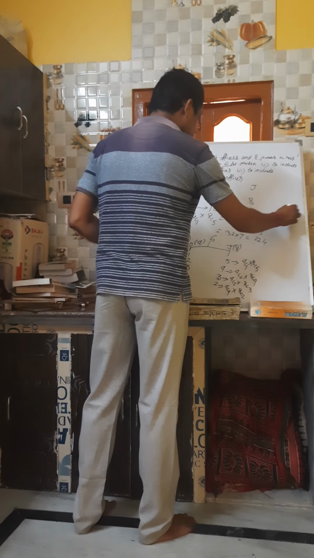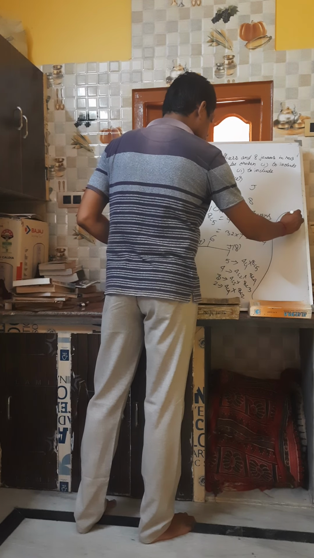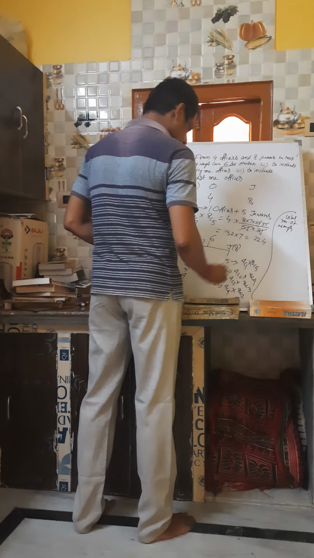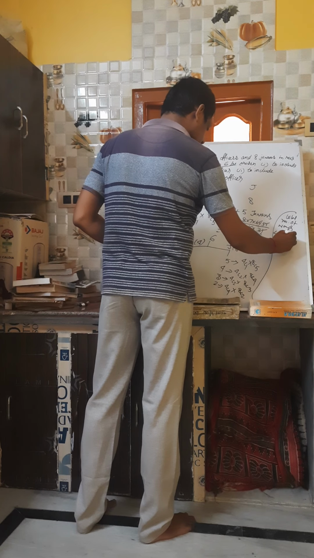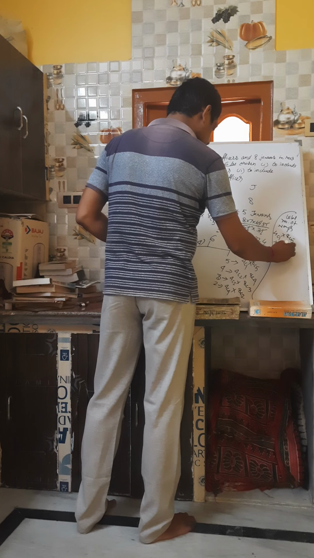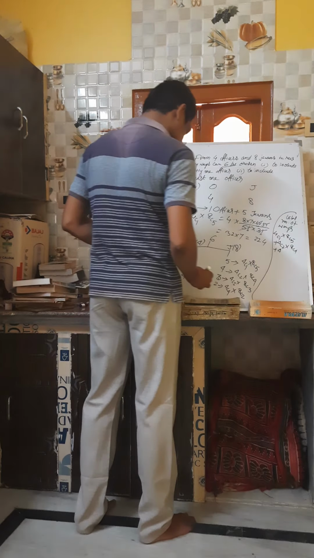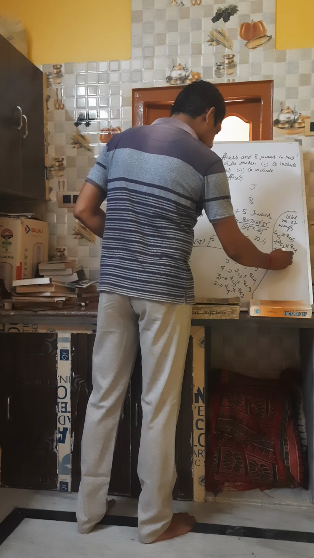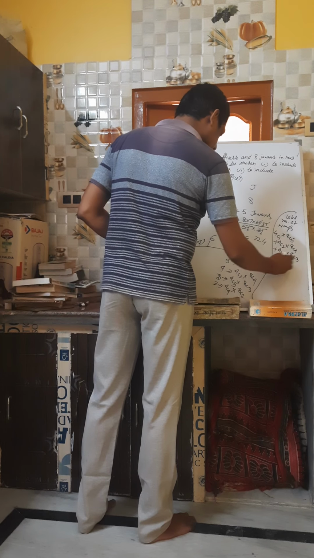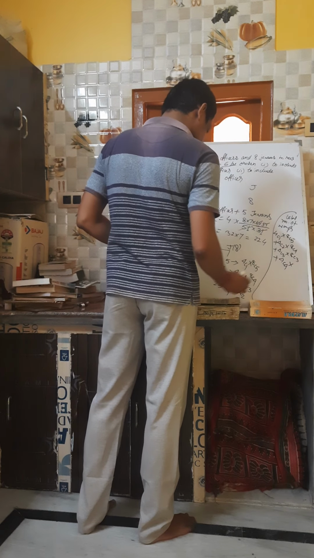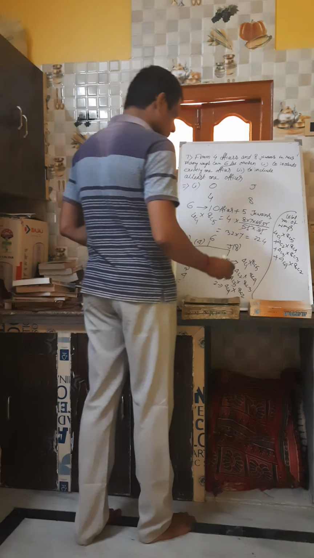So the total number of ways is 4C1 into 8C5 plus 4C2 into 8C4 plus 4C3 into 8C3 plus 4C4 into 8C2.